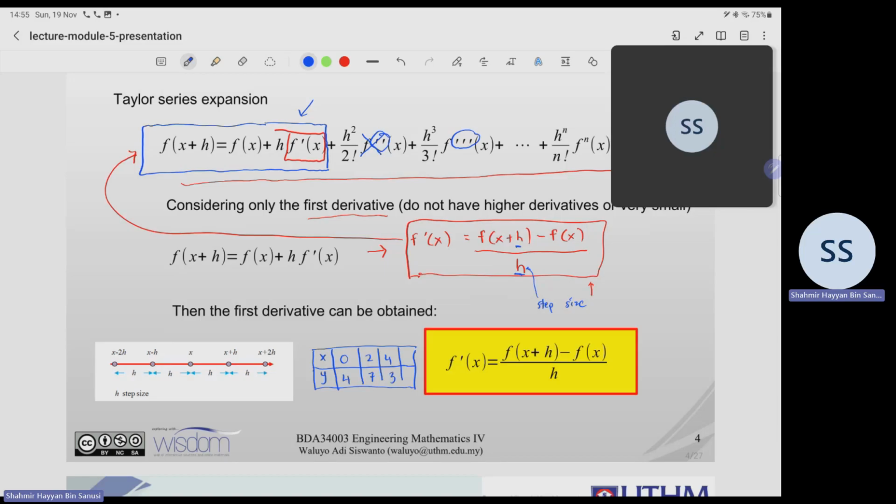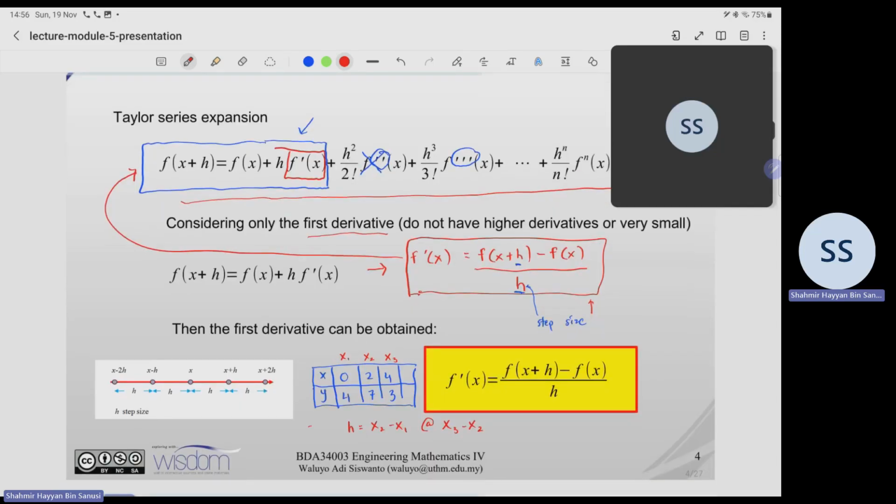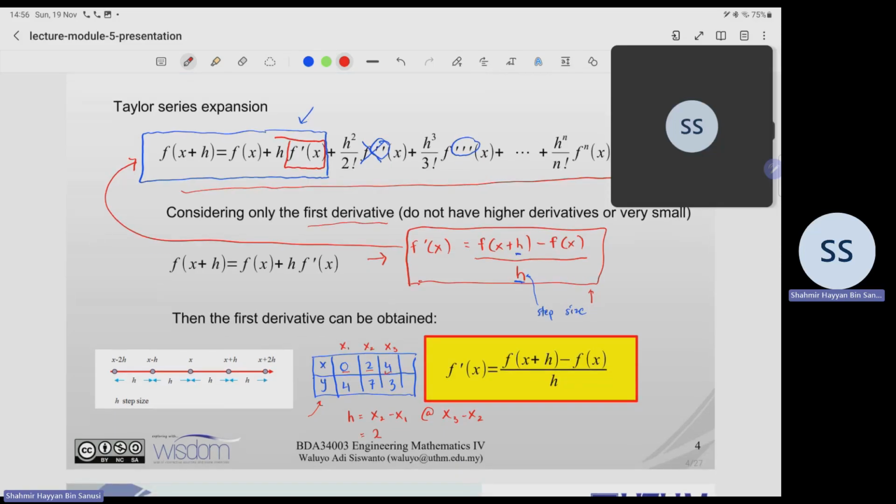So what is h? H is the step size, where step size is the difference between the first x and the second x. So if this is our x1, this is our x2, this is our x3, then h is equal to x2 minus x1, or x3 minus x2. In this example, h equals 2, because 2 minus 0 is 2, and 4 minus 2 is also 2.